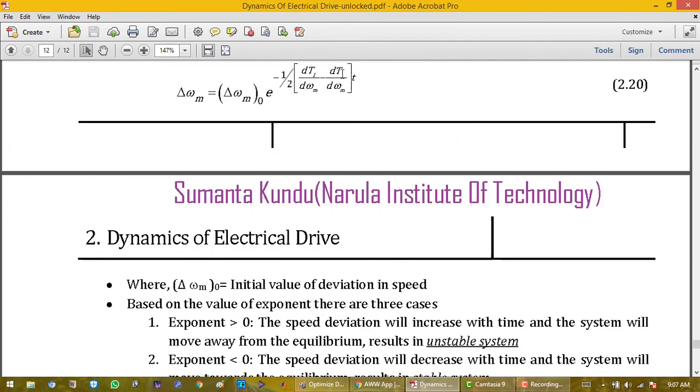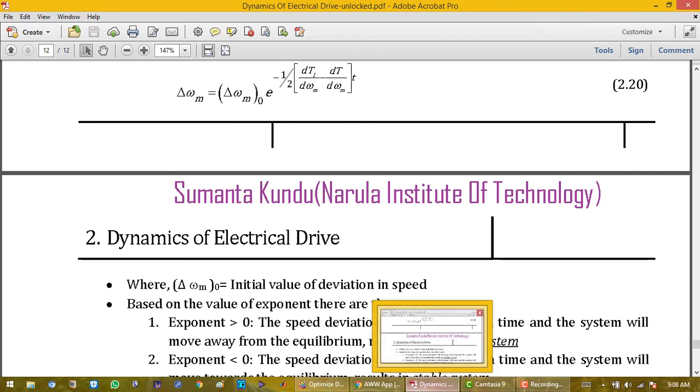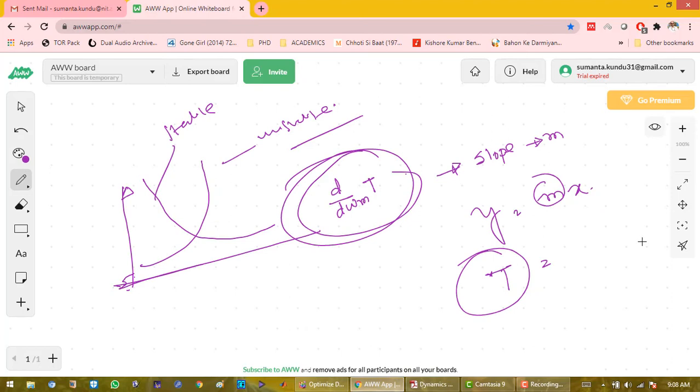Unless this term is greater than 0, it is not possible. That is, dT_L/dω_m minus dT/dω_m must be greater than 0.